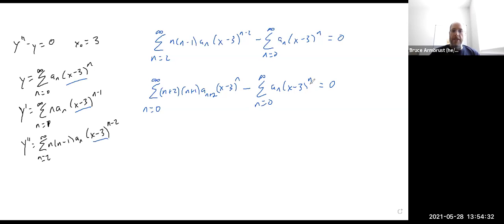All right, so they both match ends, and even better, they both match starting values. So this is really nice. It means I can just take them as they are and put them together. So (n plus 2) times (n plus 1) times a sub n plus 2 minus a sub n, times (x minus 3) to the n.